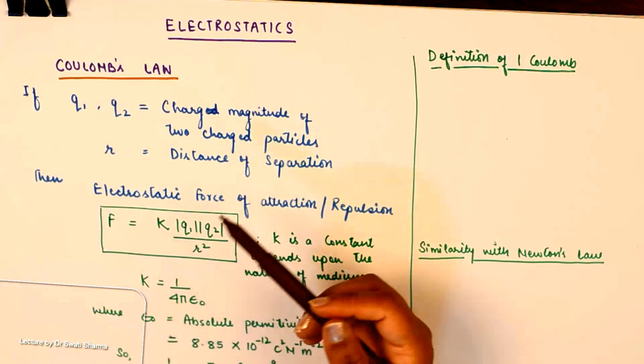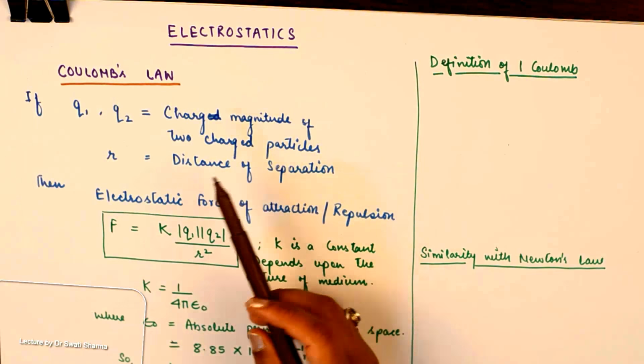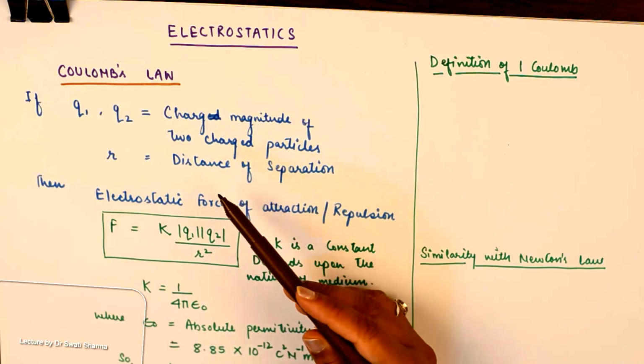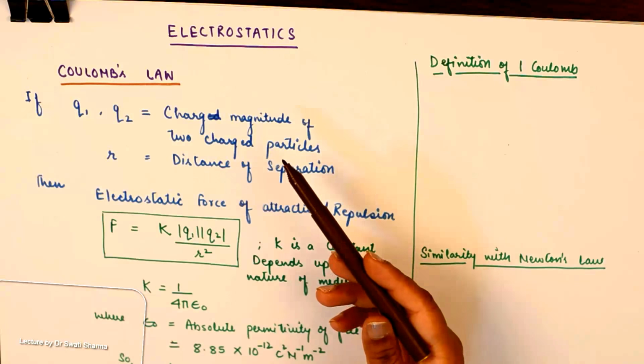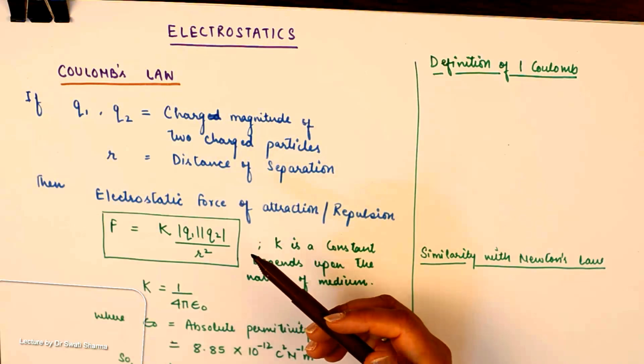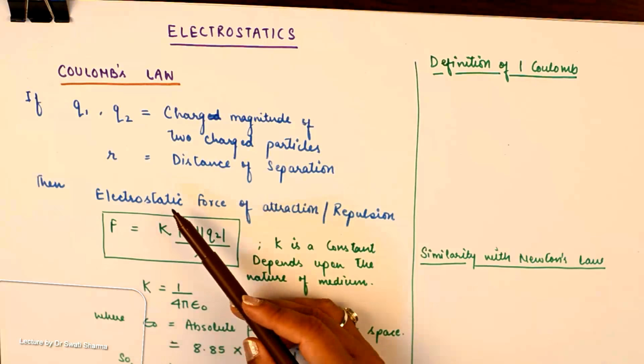If we take two charges having different values Q1 and Q2, these are the magnitudes of the charges of two charged particles. I am not specifying whether it is a positive or a negative charge. They are separated by a distance r.